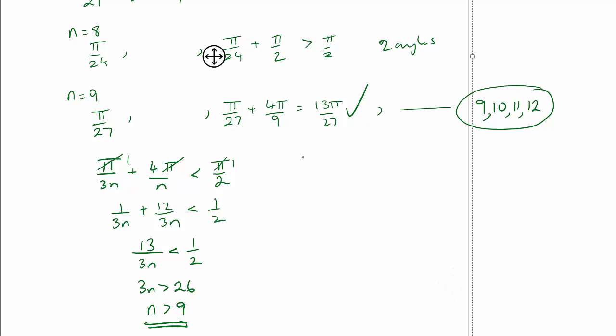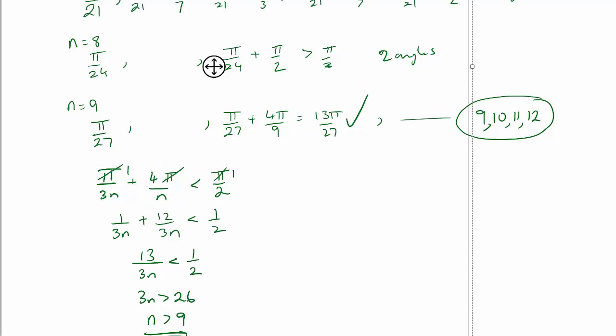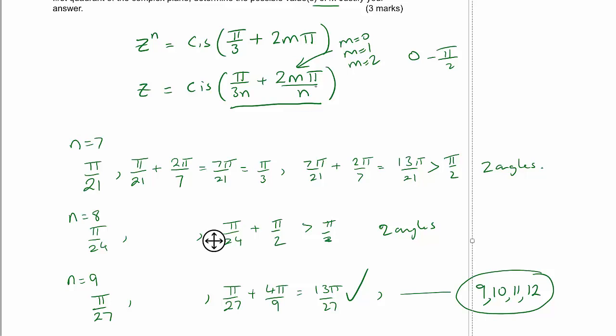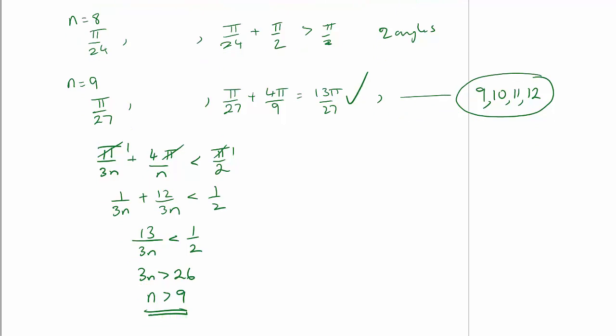But we also need the situation where we don't end up with the next root being in there, because we're only allowed 3. Now the next one is when m is 3, so this will end up being 6 pi over n. So we also need that pi over 3n plus 6 pi on n, we need that to be greater than pi by 2 for this to work. So this would be greater than or equal to.